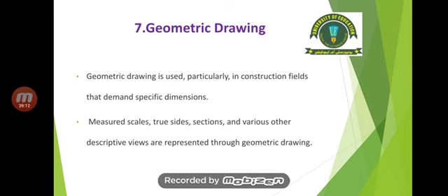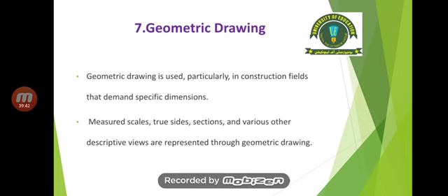After that, we have geometric drawing. Geometric drawing is used particularly in construction fields that demand specific dimensions, myriad scales, true sides, sections, and various other descriptive views are represented through geometric drawings.